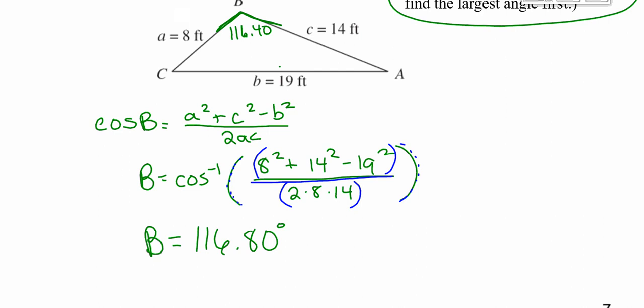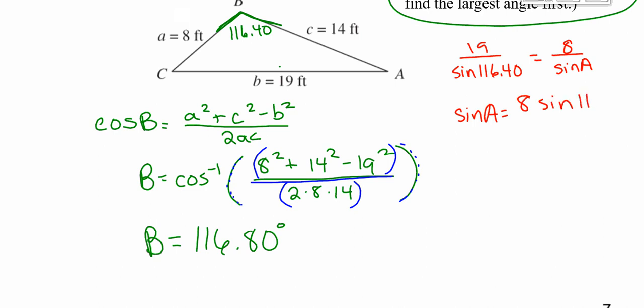And so I'm going to say that 19 over the sine of 116.80 is equal to, and I'll find angle A next, 8 over the sine of A. Cross multiplying, I get sine A equals 8 sine 116.80 divided by 19.